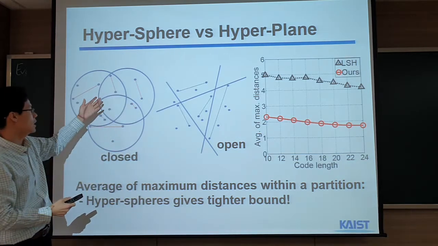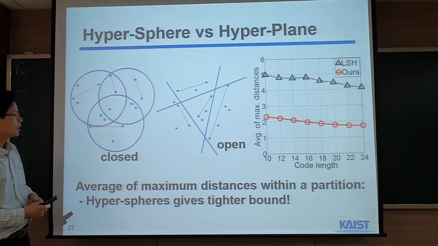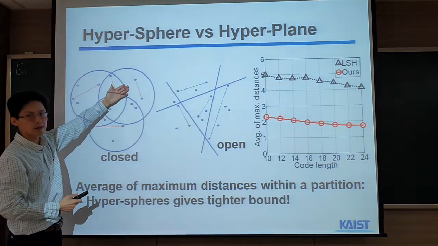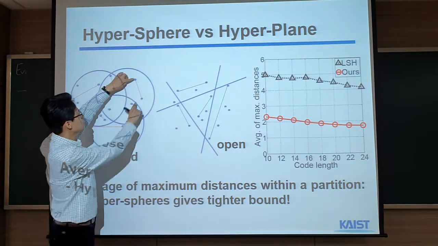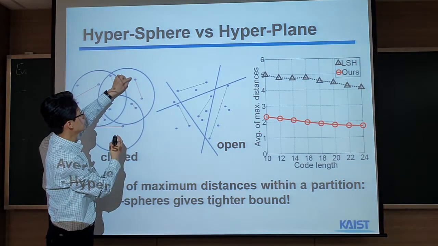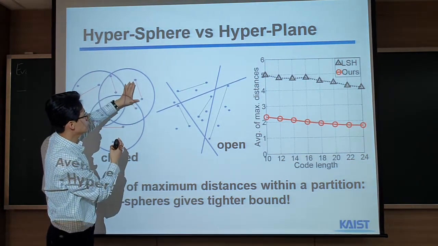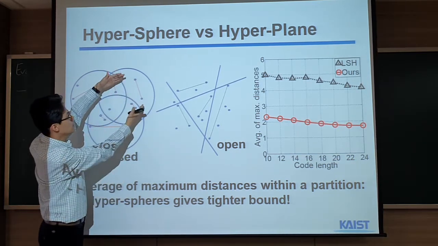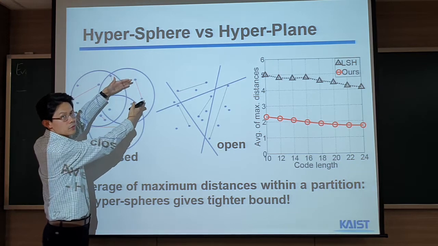But if you look at the hypersphere case, a lot of the regions are bounded, closed, right? It means that if we measure their distance, those two data have the same bit value, but their distance is bounded, which is good for searching.